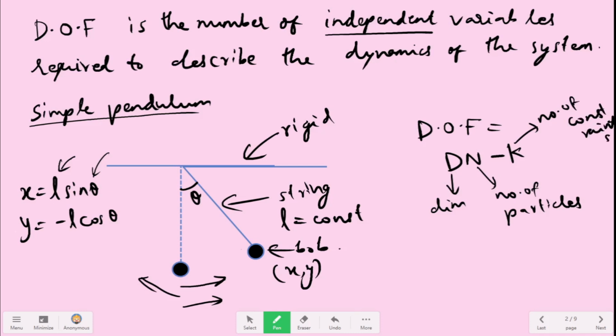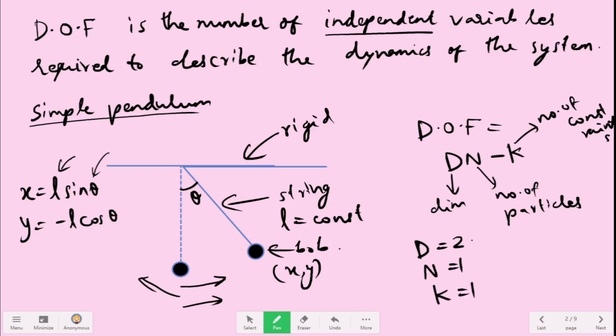Let's see if this formula works in the case of a simple pendulum. In the case of simple pendulum, the motion of the string is restricted to 2D. It only moves in a vertical plane, so it is 2D. So d is equal to 2. And number of particles in a simple pendulum is 1. There is only one bob, so n is equal to 1. And number of constraints is 1. Constraint is restriction.